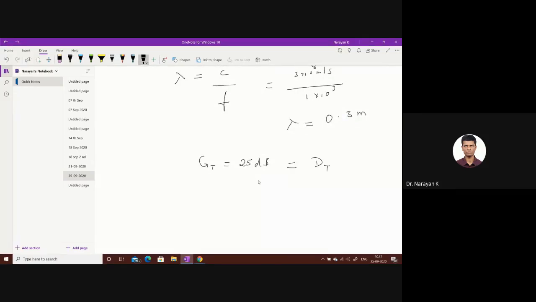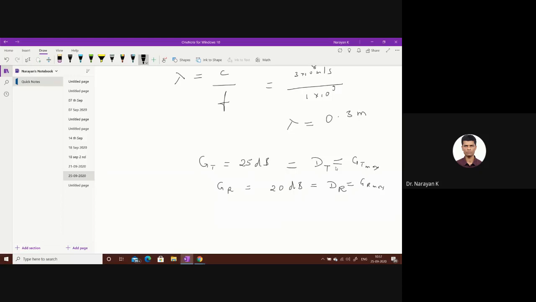What is the gain of the receiving antenna? 20 dB. Assuming this is the maximum directive gain and there is no loss, D of T is equal to G T max, and D of R is equal to G R max.